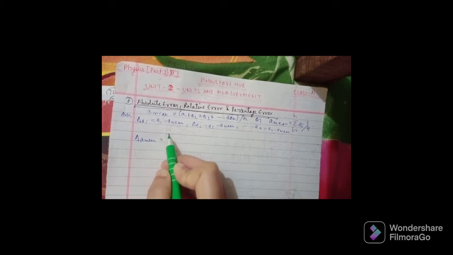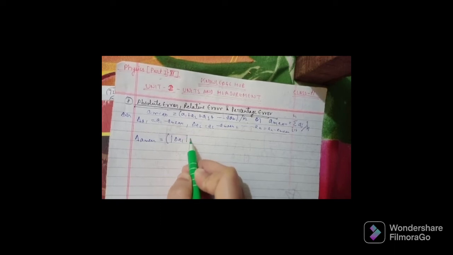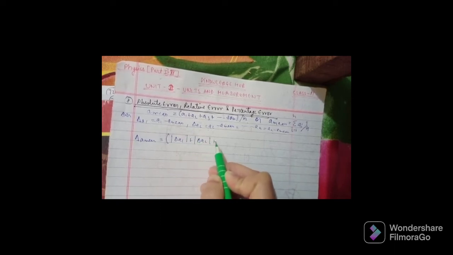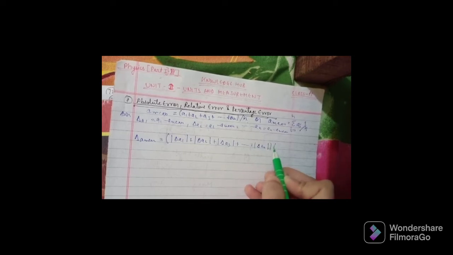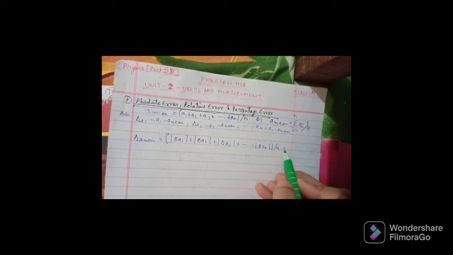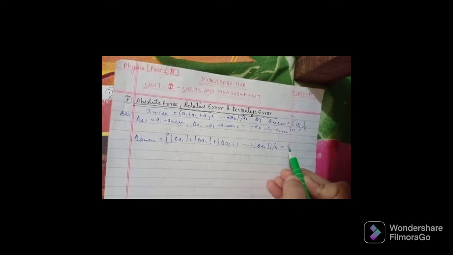Delta a mean equals delta a1 plus delta a2 plus delta a3 plus up to delta an, divided by n, the sum from i equals 1 to n.